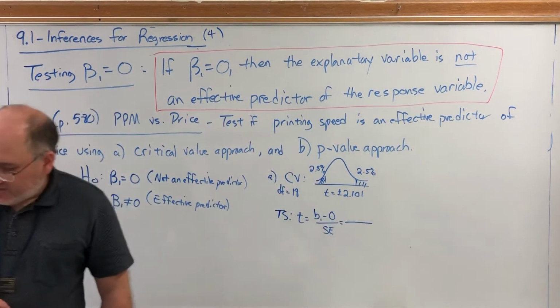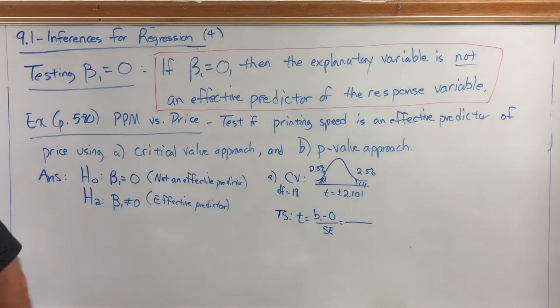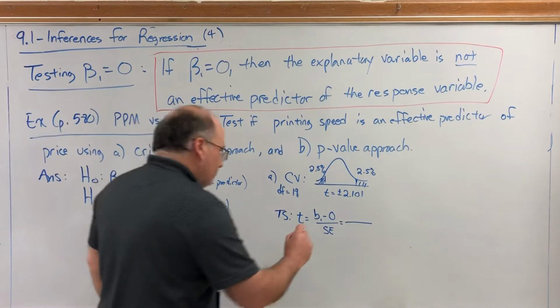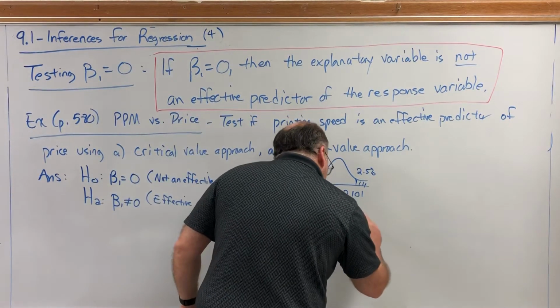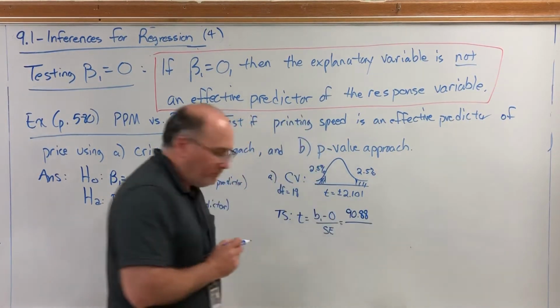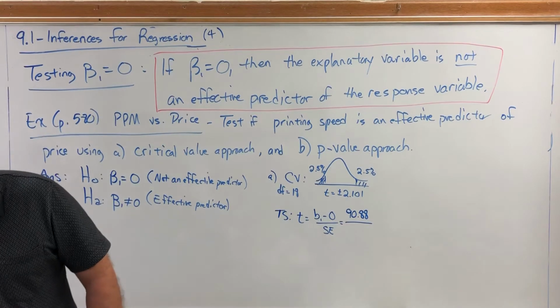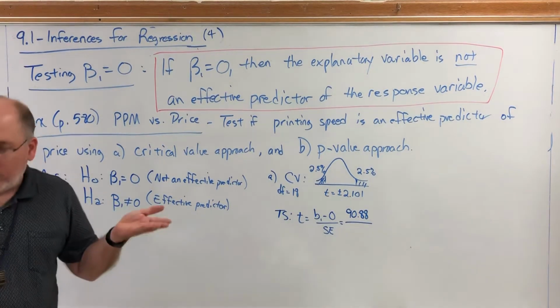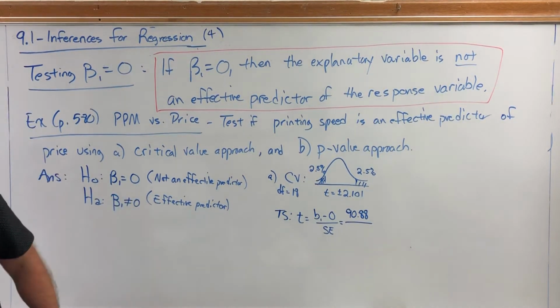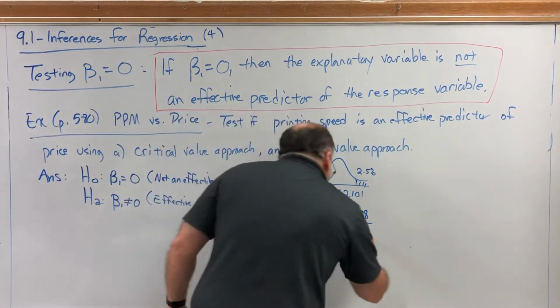The slope from the sample regression in the computer output is under the coefficient column. Remember, the estimate column should say coefficient, and it's in the second row, and it's 90.88. We're going to subtract 0 from that, so there's no need to do that. The standard error, also from the second row in the computer output under the standard error column, was 19.49.